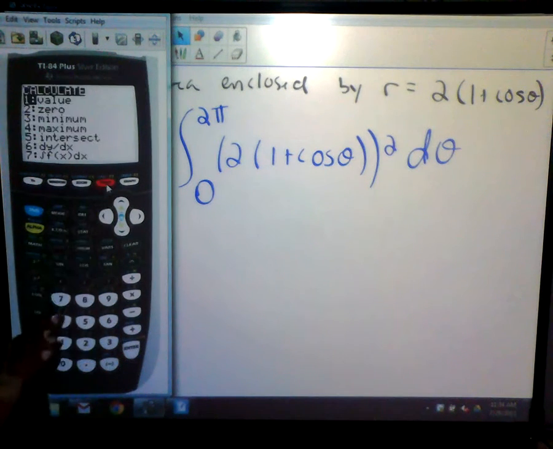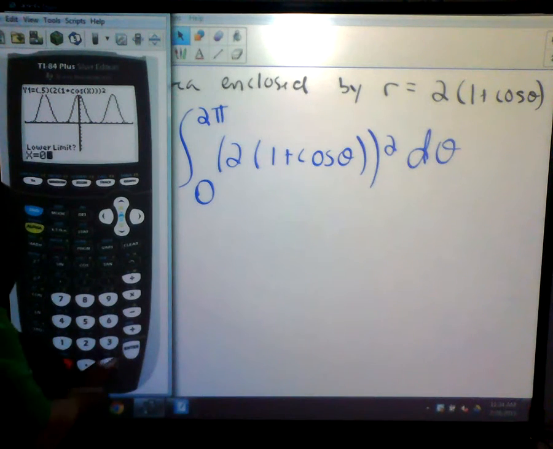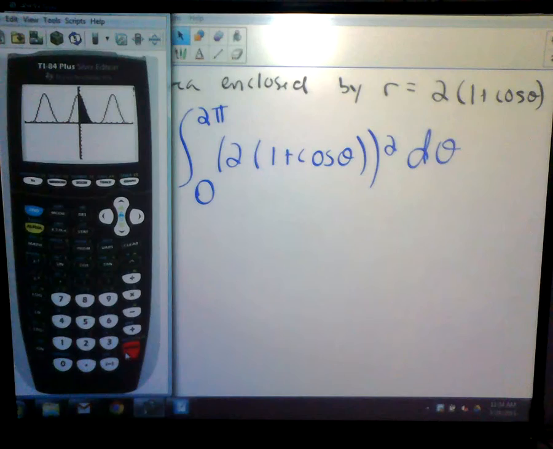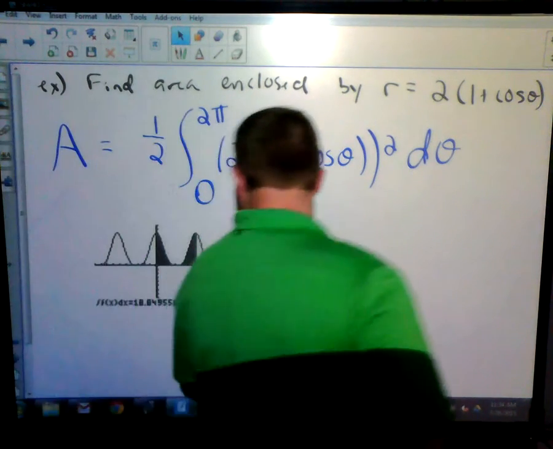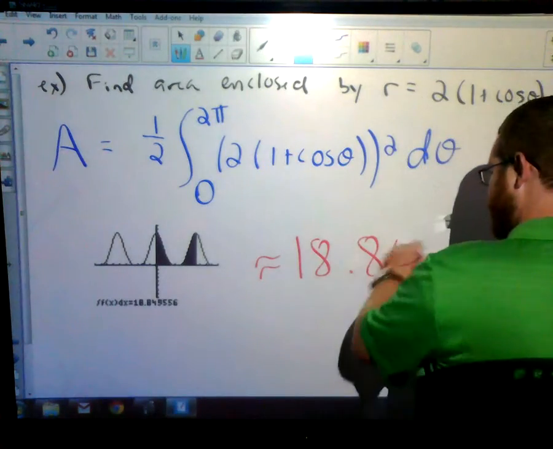Second trace 7, from 0 to 2 pi. And I get about 18.850.